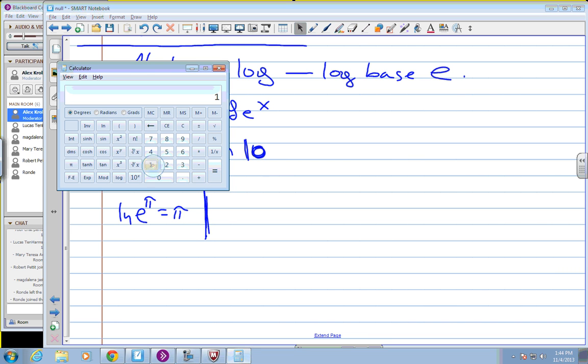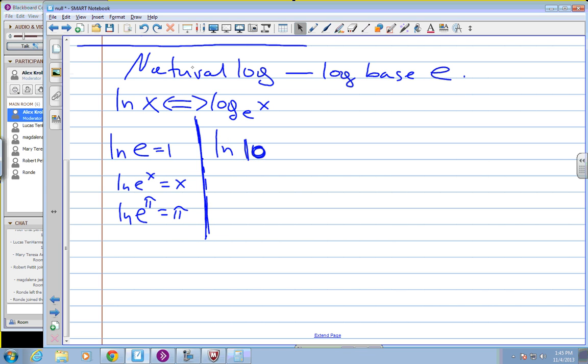But I have a calculator, 10, hit the ln button, so 2.3. Okay? So your calculator has these two buttons, log base 10 and log base e. So I can do any natural log. I can do any log base 10 on my calculator.